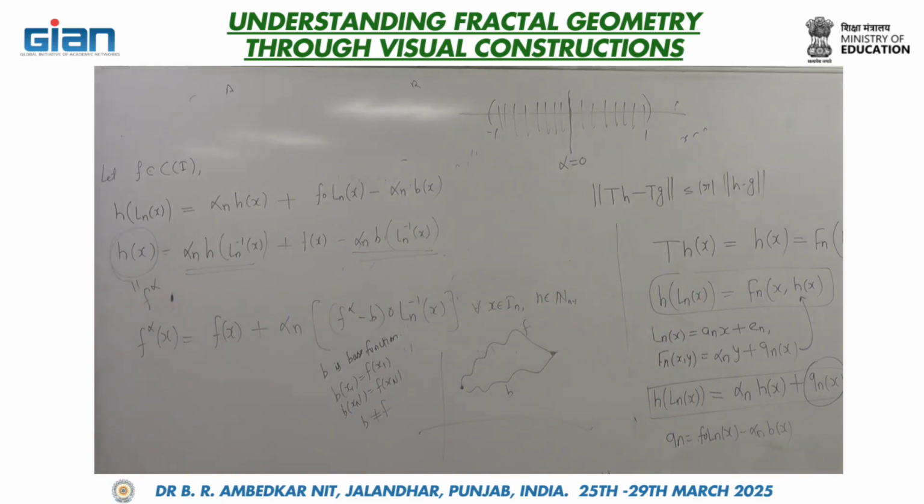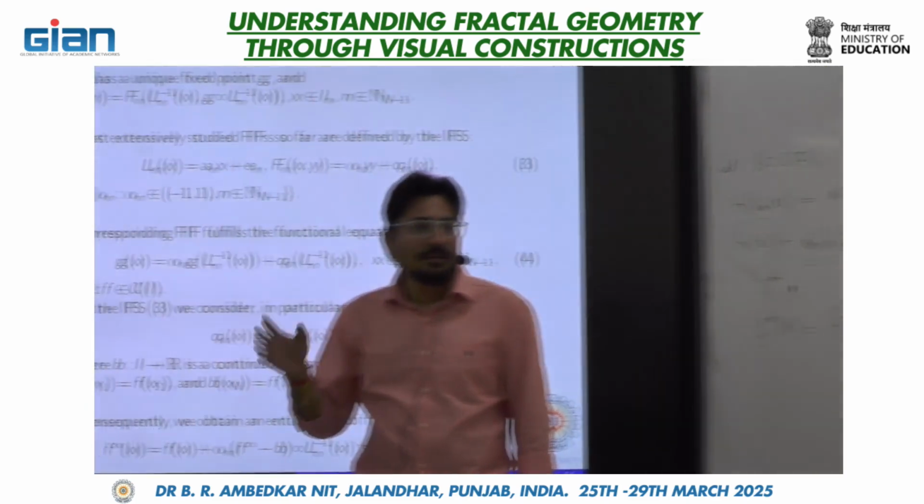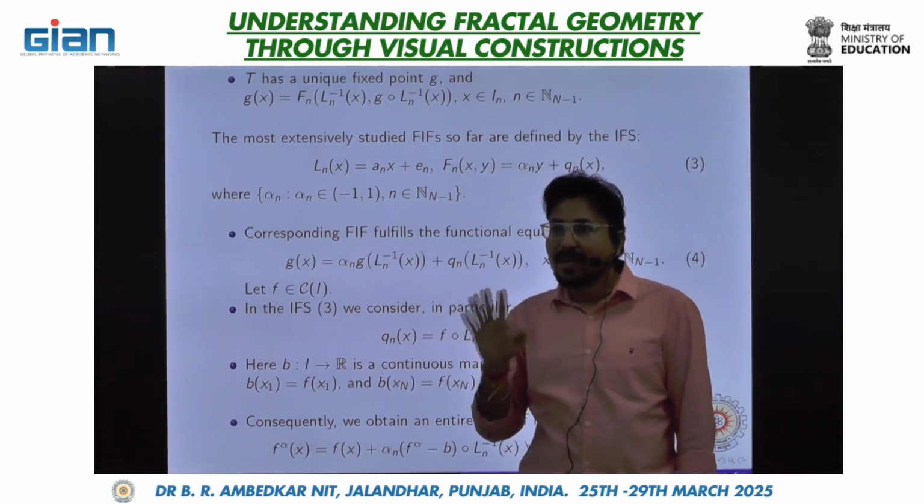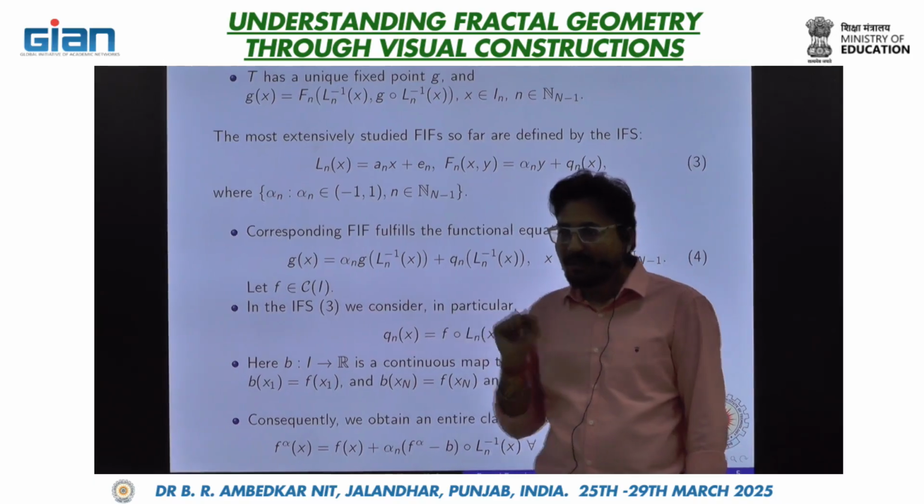If you put alpha equal to 0 here, then f_alpha is nothing but f. And if you vary alpha in the range -1 to 1, you will get a family of alpha fractal functions, infinitely many of them.